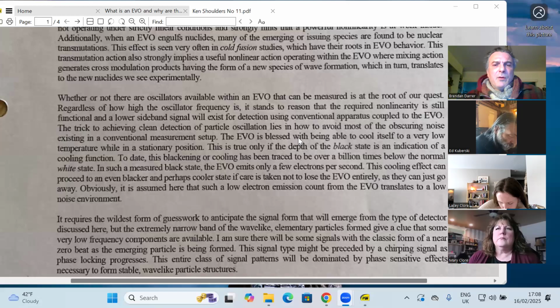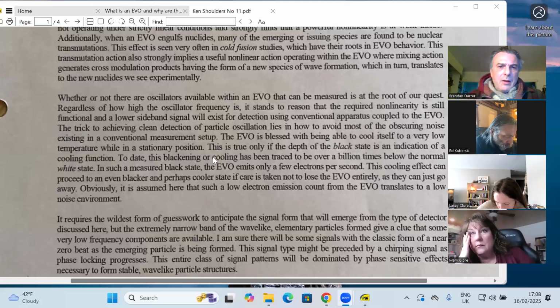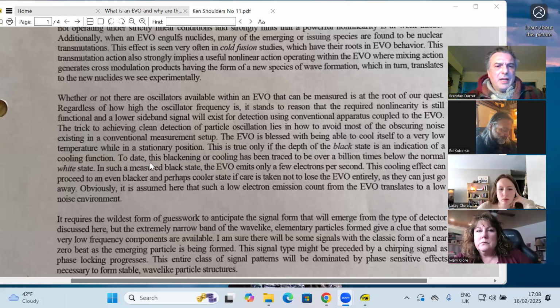The EVO is blessed with being able to cool itself to a very low temperature while in a stationary position. This is true only if the depth of the black state is an indication of a cooling function. To date, this blackening or cooling has been traced to be over 1 billion times below the normal white state.